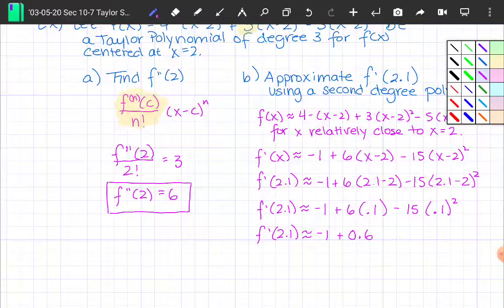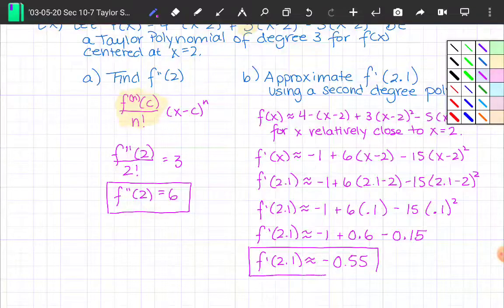We got 0.6 minus 0.15. We could do that arithmetic and you get it. Let's see. That'd be negative 0.4, so negative 0.55. So there we go.